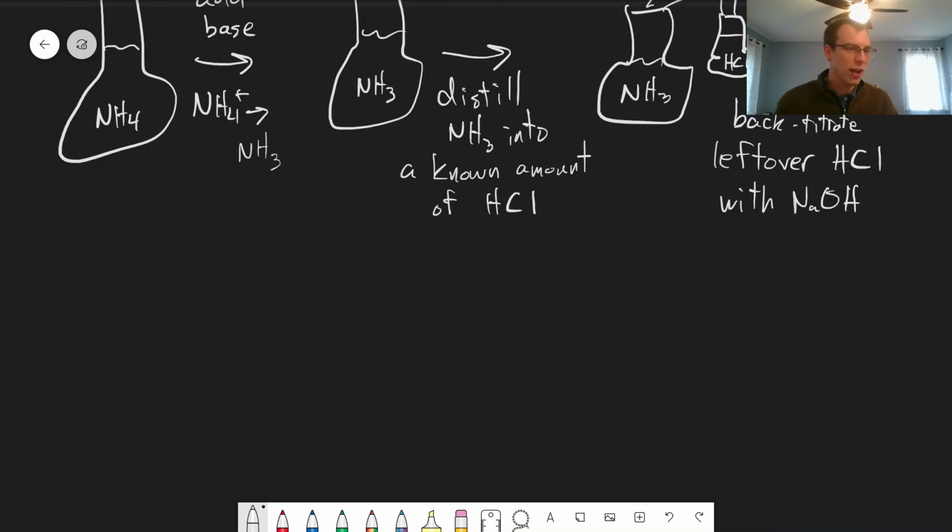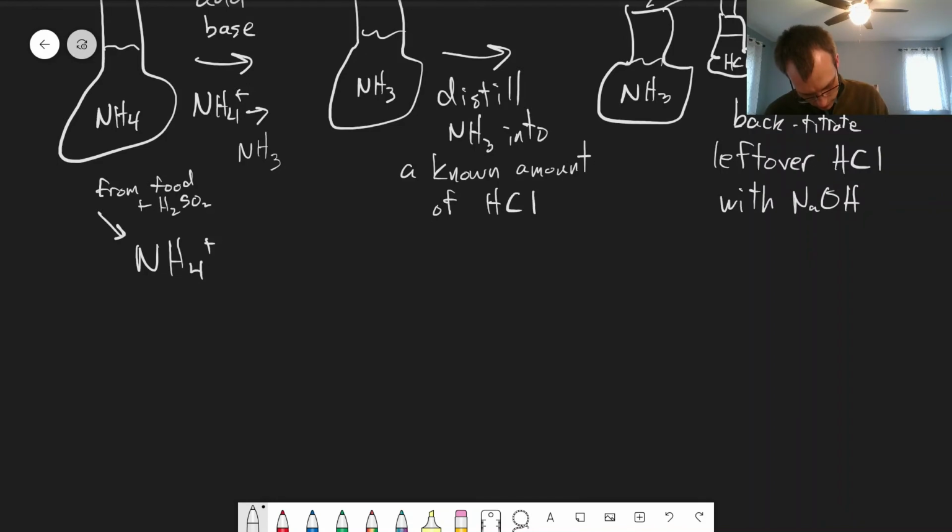If we want to keep track of the reactions, we have NH4+ that is generated from the food plus boiling sulfuric acid. That's going to be neutralized by the base and form NH3.